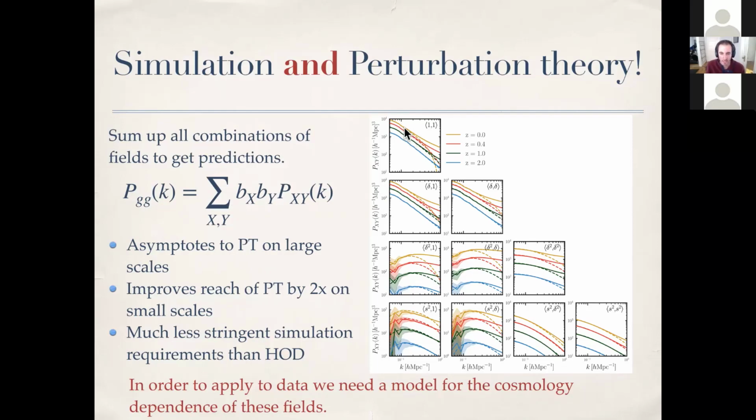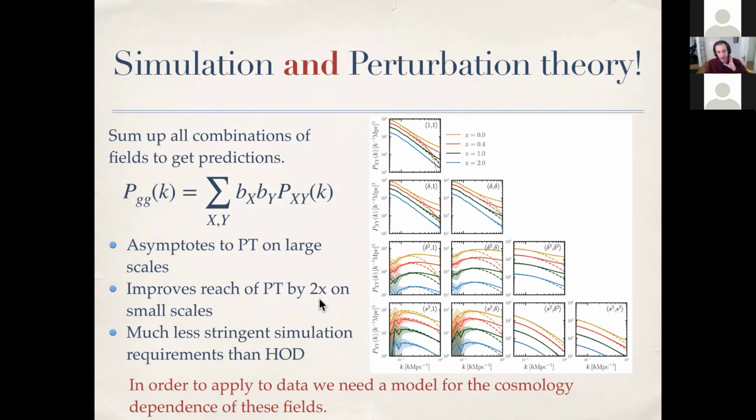So the solid and the dashed lines overlap. And I guess I should say that the different colored lines are different redshifts in our simulation. And on small scales, you'll see that they're quite different. So the solid lines differ quite a bit from the dashed lines. But that's a good thing because the perturbation theory breaks down on those small scales. And so we've shown that actually by using these solid lines, these hybrid effective field theory predictions, we're able to improve the small scale reach of our model by about a factor of 2.